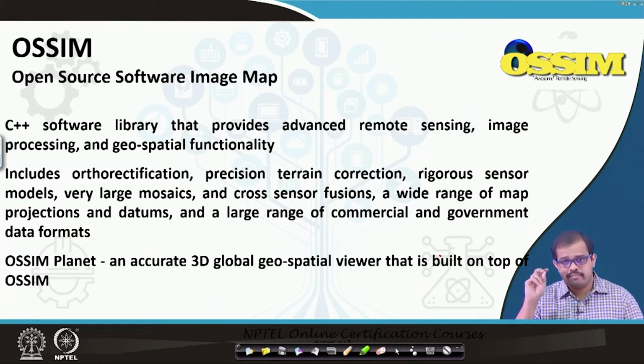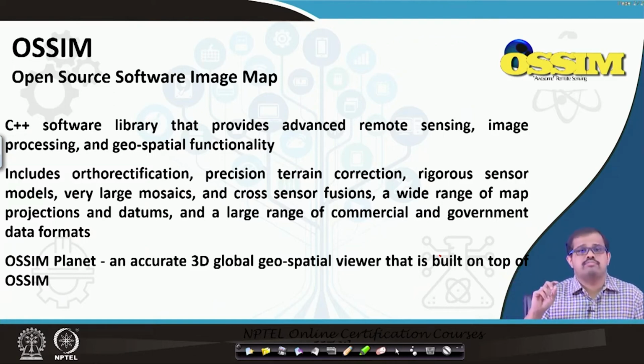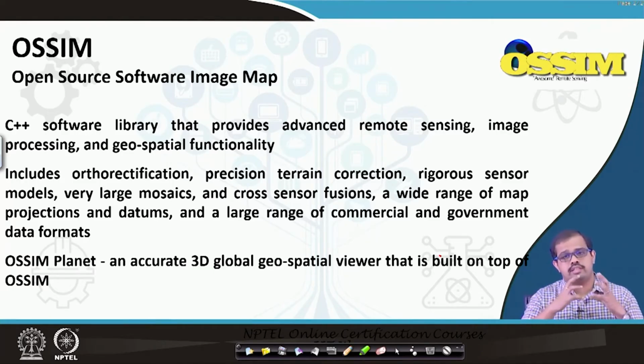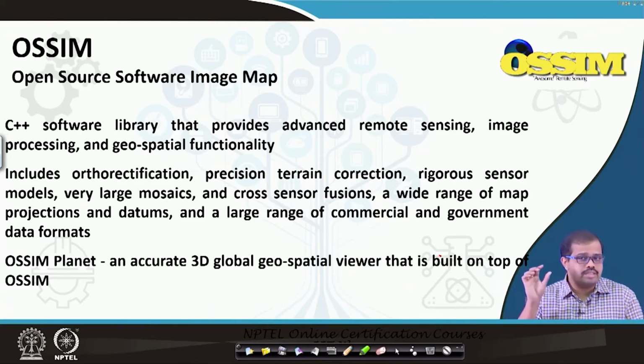Why I am trying to tell you about OSSIM is that, for example, we spoke about what remote sensing means very briefly. If someone wants to combine GIS, remote sensing and image processing together to produce good results, OSSIM can be one of those software libraries which can be extremely helpful for many of you.